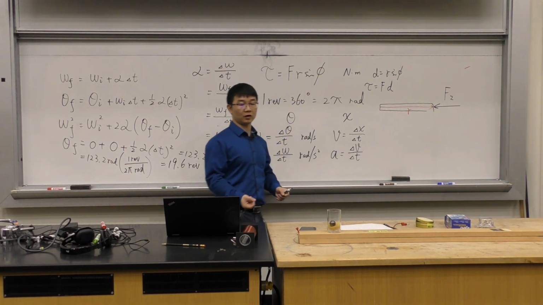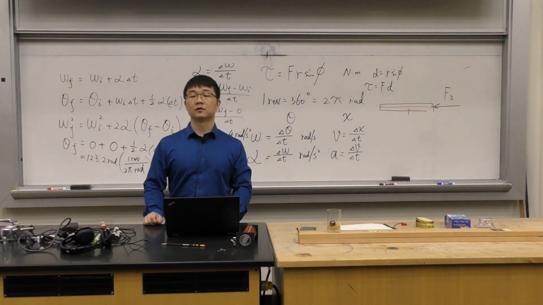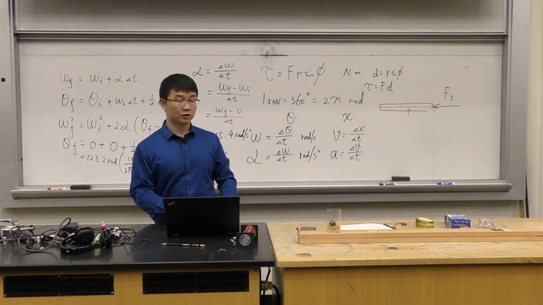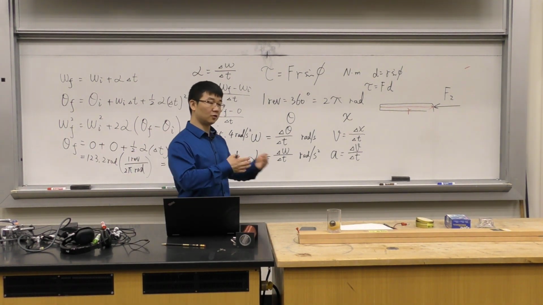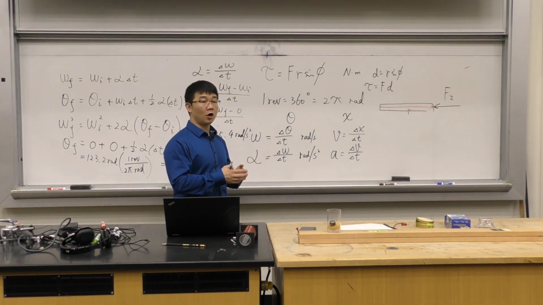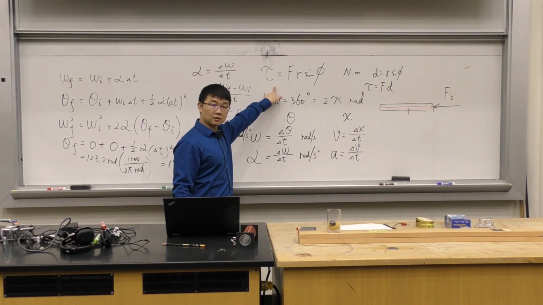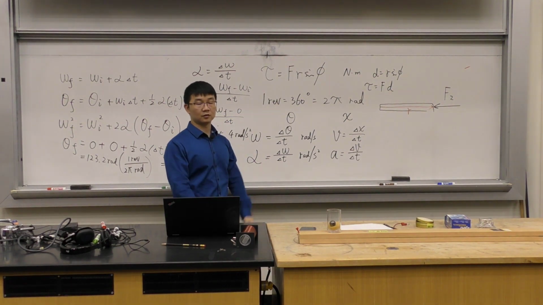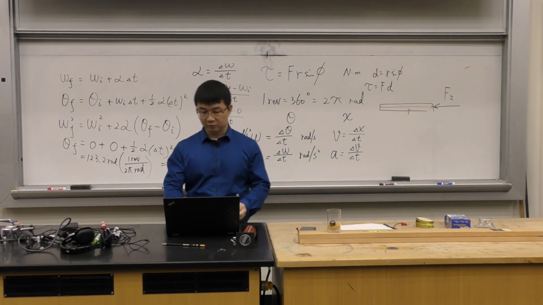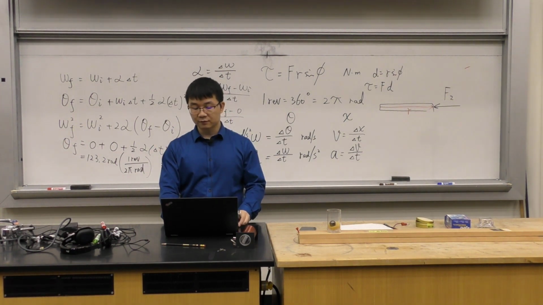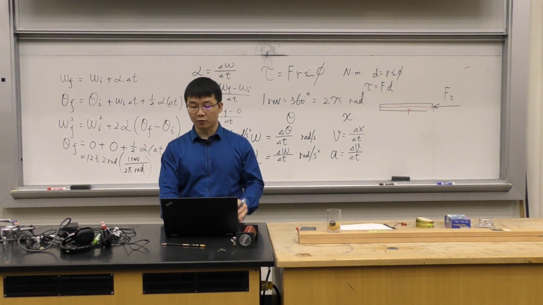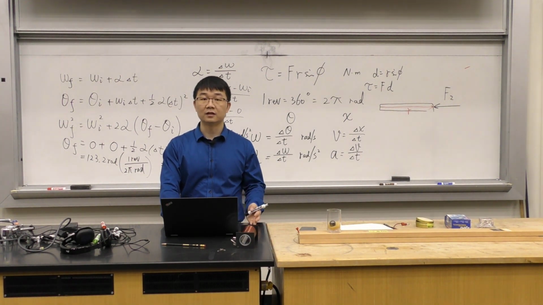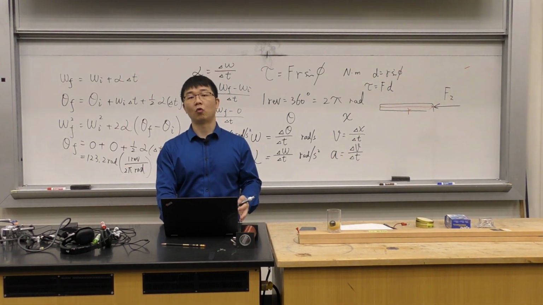So 0 torque, 0 rotation. It is a good definition. If I want to compare different options, I just calculate this number and compare these numbers. So this is a very useful conclusion: any force whose line passes through the axis is not going to rotate this object, so it doesn't have any torque.